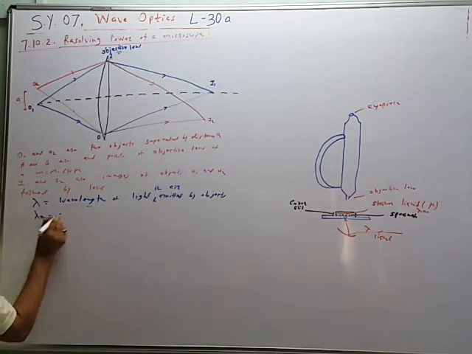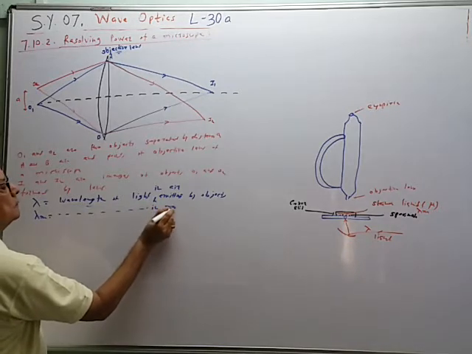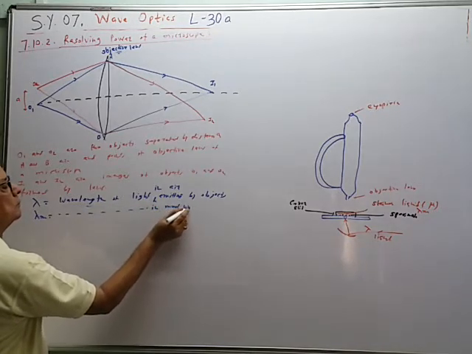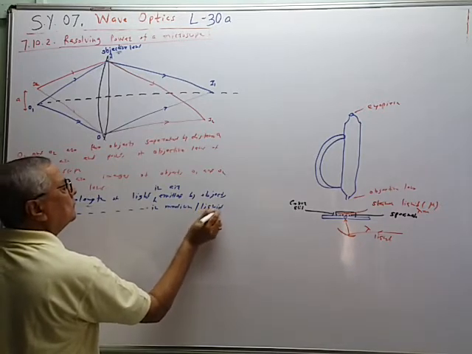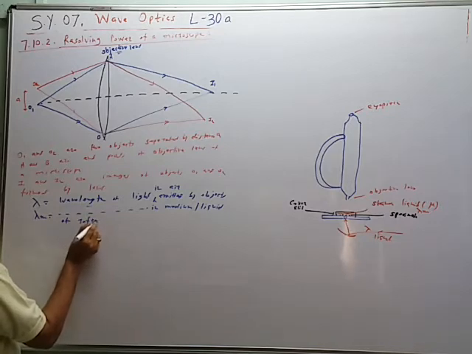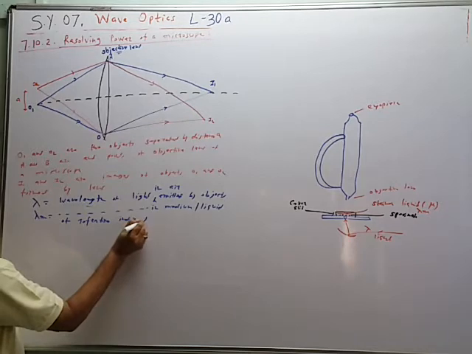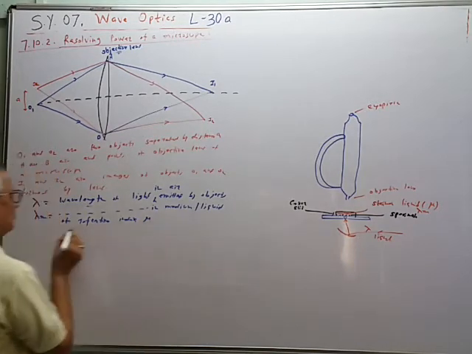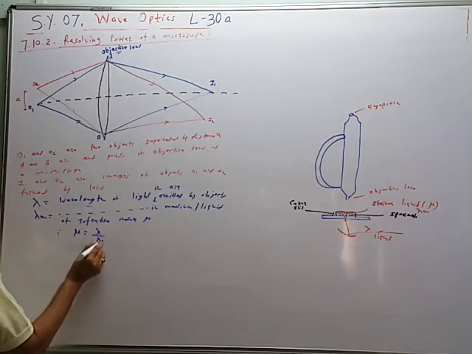Lambda m is equal to the wavelength of the light in a medium or liquid of refractive index mu. The mu is equal to lambda upon lambda m.